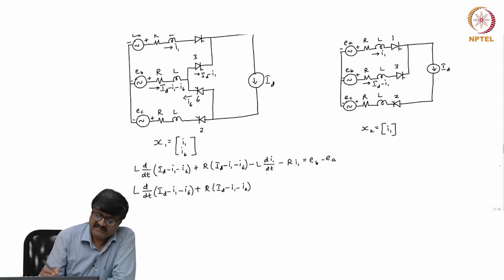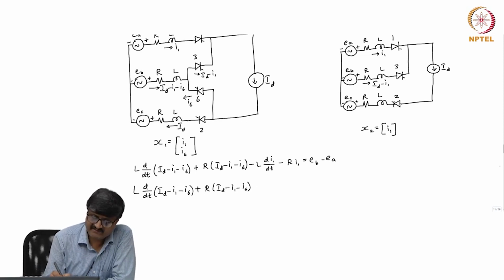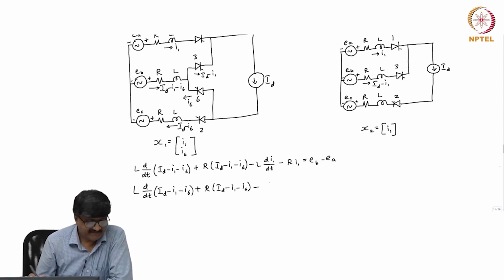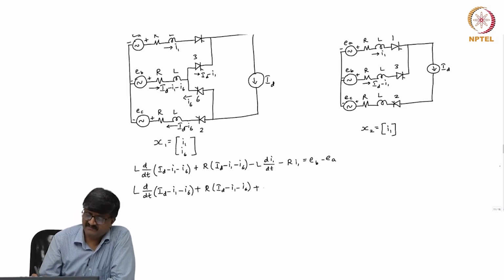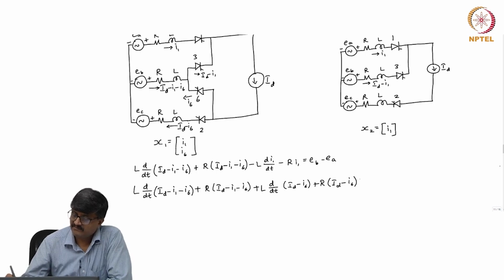If I look at the current through valve 2, this is I d minus I 6. I have shown the current as entering the positive terminal of E C. So, this is plus L d by dt of I d minus I 6 plus R into I d minus I 6. So, this is equal to E B minus E C.